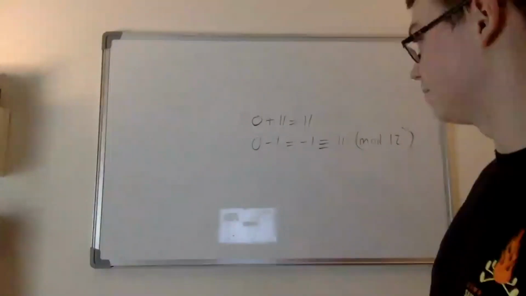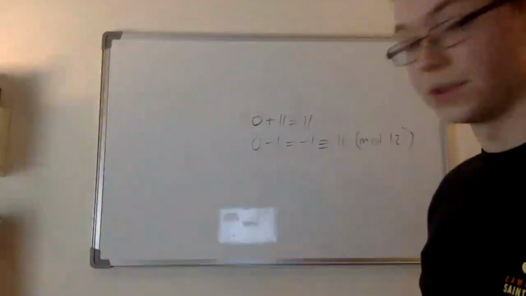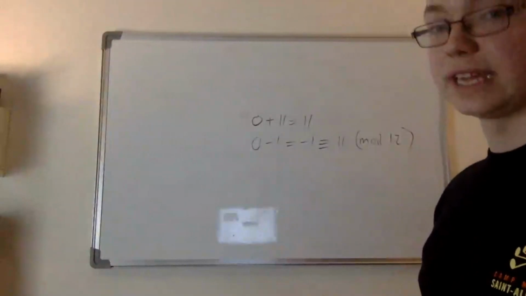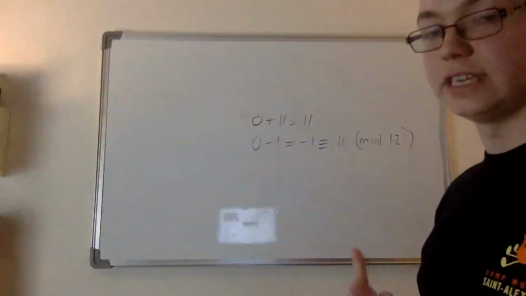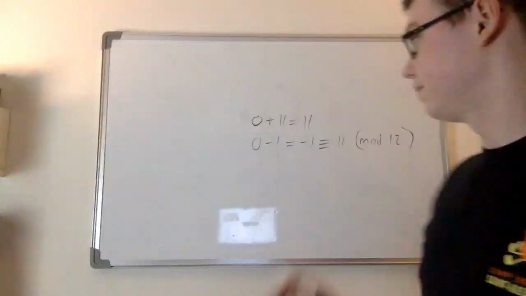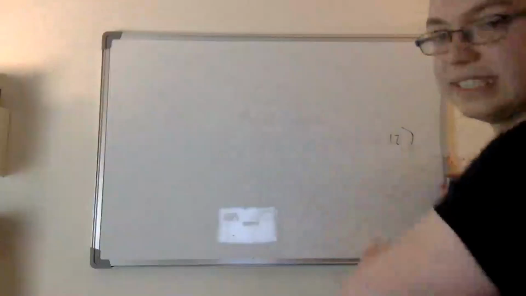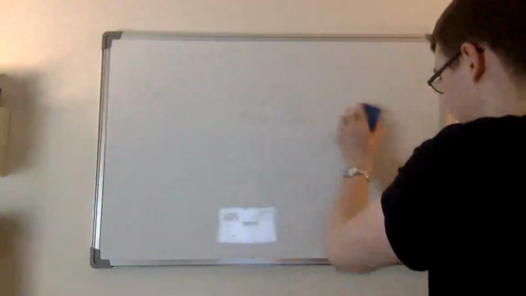Again, this follows all the same rules for equivalence relations that I said before: reflexivity, symmetry, and transitivity. Under those metrics, going up 11 or going down 1 are the same thing.